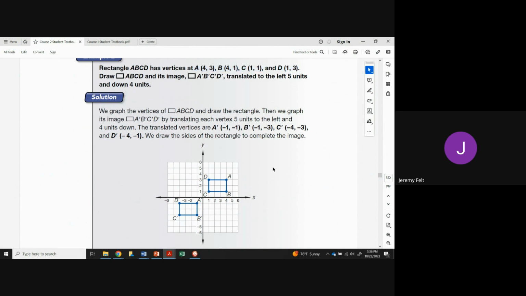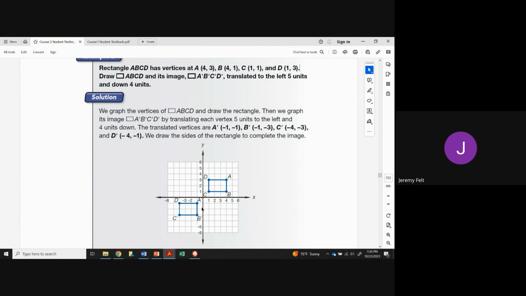And then we are translating it or sliding it 5 units left and 4 units down. So we go over 1, 2, 3, 4, 5, and then down 1, 2, 3, 4, over 5, down 4, and left 5, down 4 for all of them.